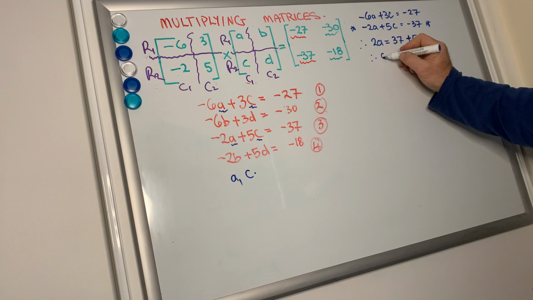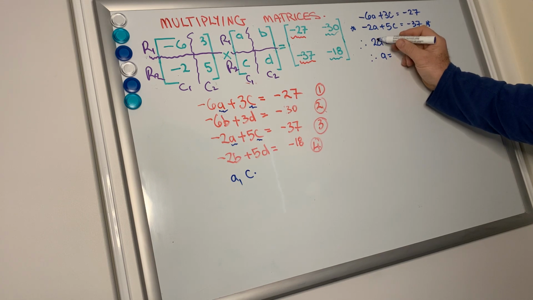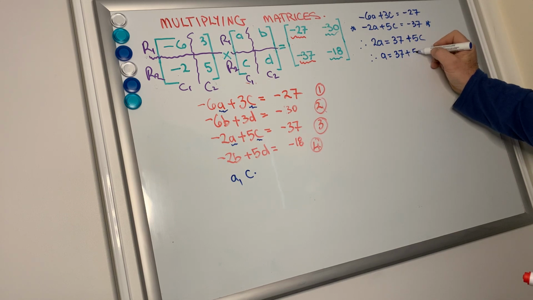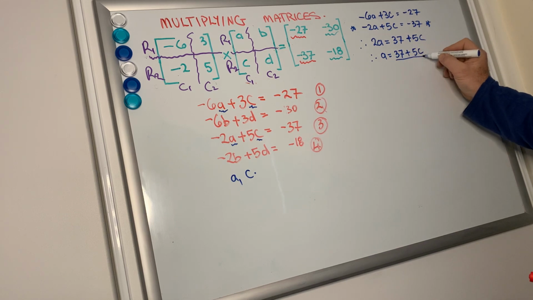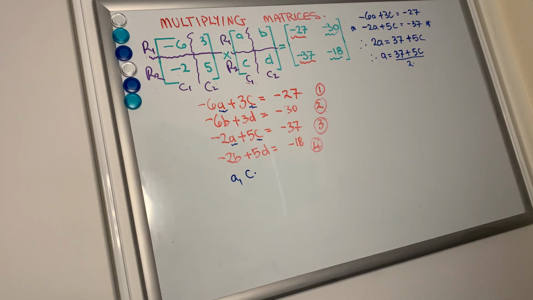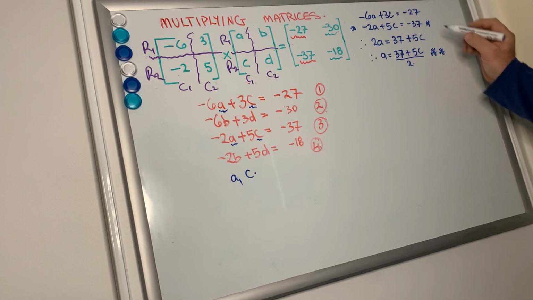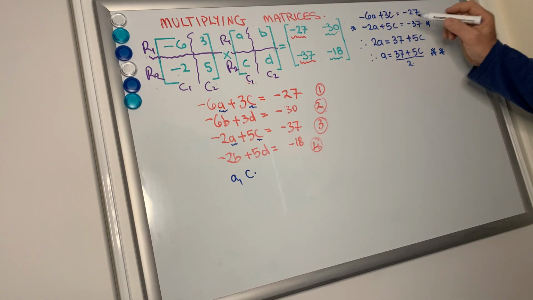Therefore, a is equal to, now to get rid of that 2, we divide by 2 and bring it on this side, is equal to (37 plus 5c) divided by 2. Okay? Now, we can use this value for a and pop it in this equation here.